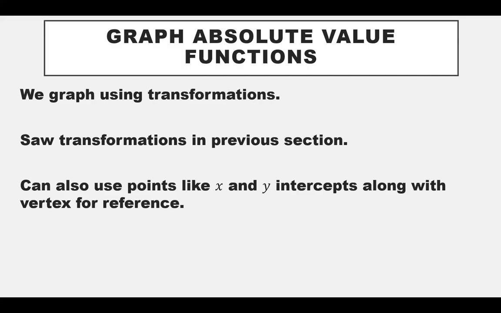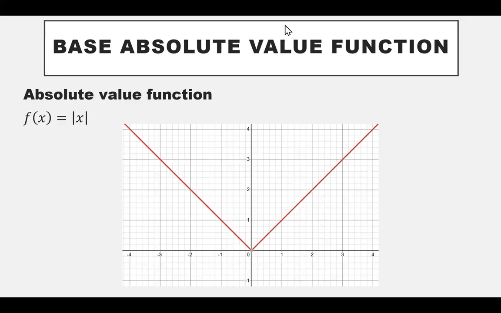Again, the vertex of an absolute value function is the bottom point of the V. And on our base absolute value function, the origin is the vertex. So the origin is the vertex of our base absolute value function. Obviously, when that gets shifted up, down, left, and right, then that can move around.